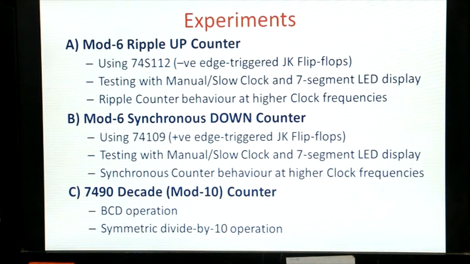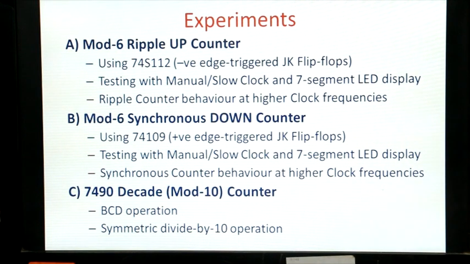Then we will test it with either a manual clock or a slow clock of 1 Hz, and the output will be connected to a 7-segment LED display so that you can see the states happening. Once again we will see this synchronous counter working at higher clock frequencies, and that way you will be able to see the advantage of a synchronous counter as opposed to a ripple counter.